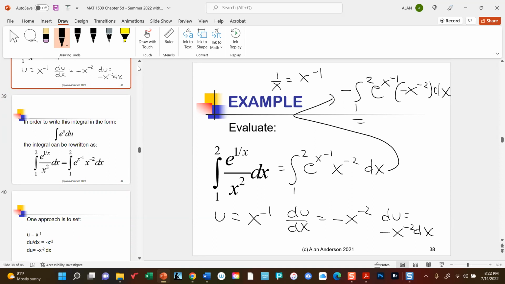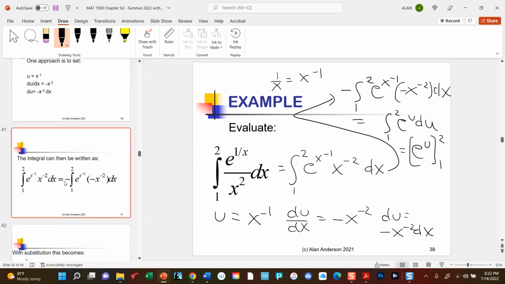And so all of a sudden, in spite of how scary it looked at first, this is just e to the u du. How do you like that? So we'll end up with e to the u evaluated from 1 to 2. And of course, now we have to replace the u with x to the -1.